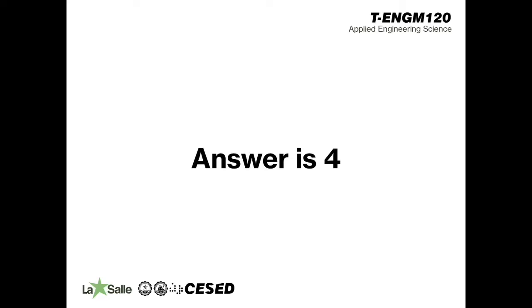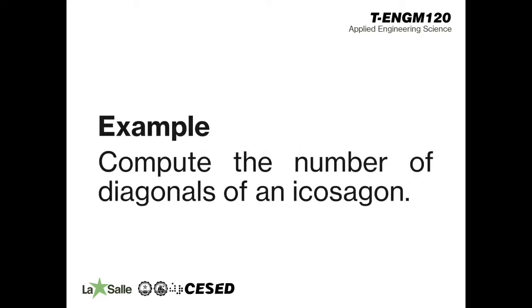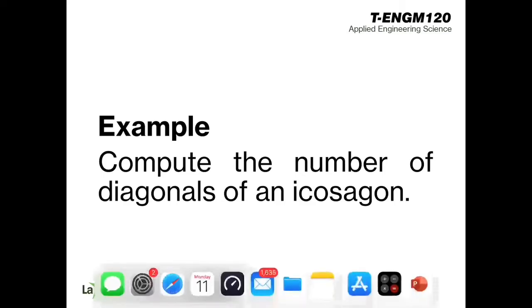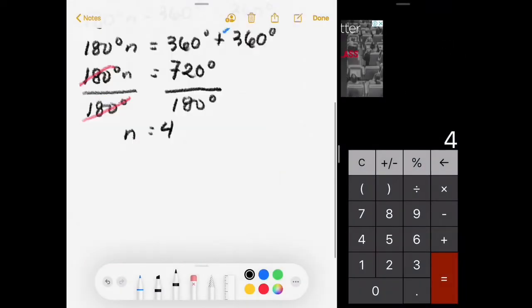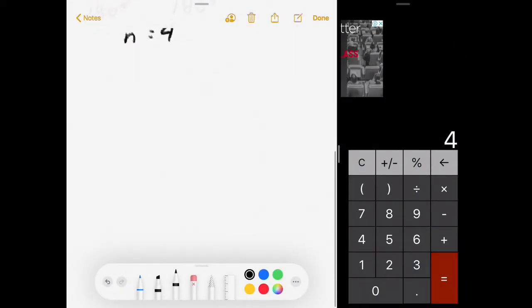Okay, let's now proceed with our second example. Compute the number of diagonals of an icosagon. If you check Google, an icosagon is a 20-sided polygon. So we could equate our variable n to 20.